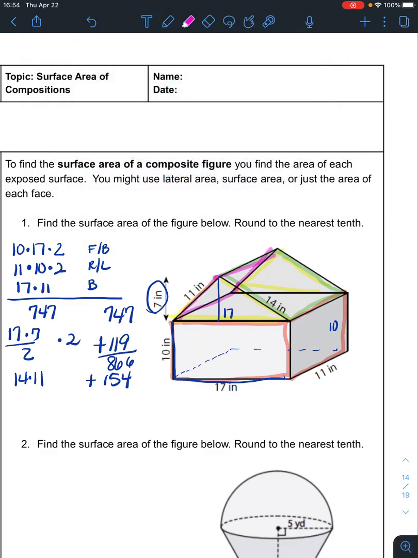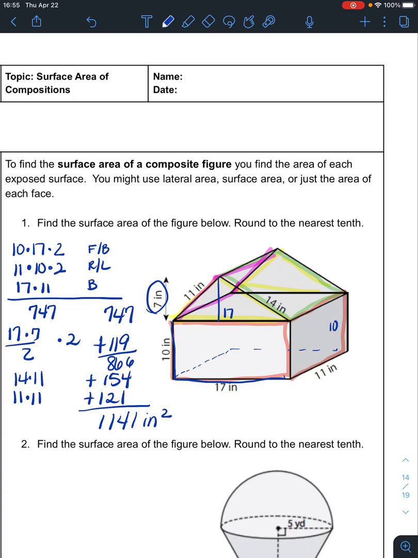It's 11 by 11. So 11 by 11 is 121. So now if I take 866 and I add 154 and 121, I get 1,141 inches squared for my surface area.